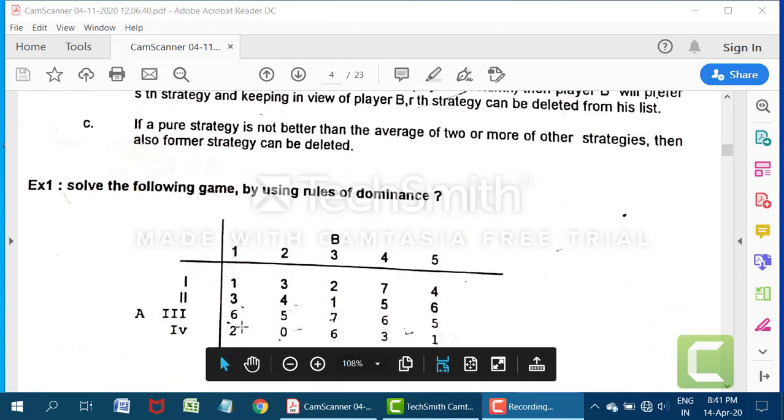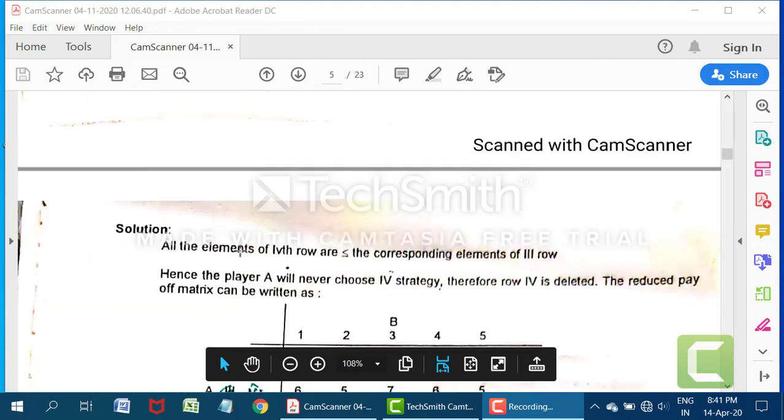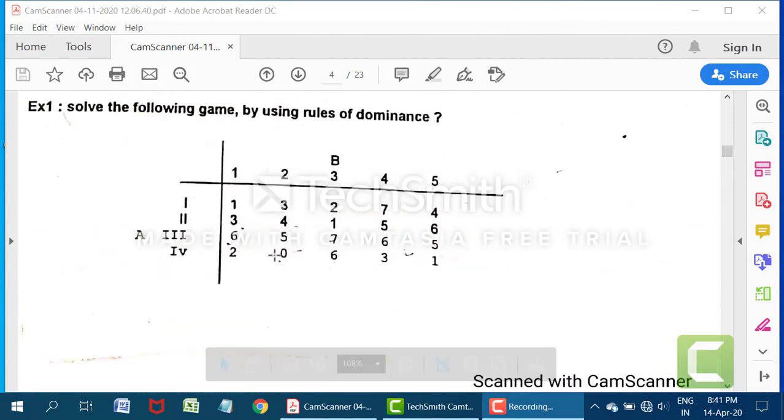See, third and fourth. So compare this with this: 6 is compared with 2, 5 is compared with 0, 7 is compared with 6, 6 is compared with 3, 5 is compared with 1. All the elements of the third row are greater than or equal to the corresponding elements of the fourth row.